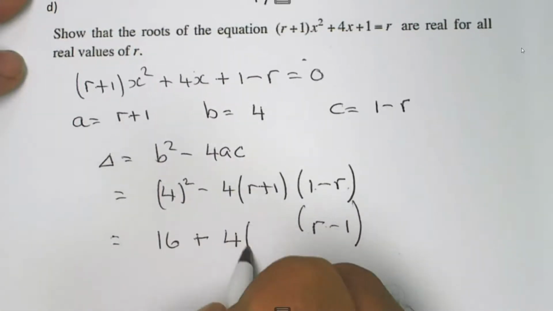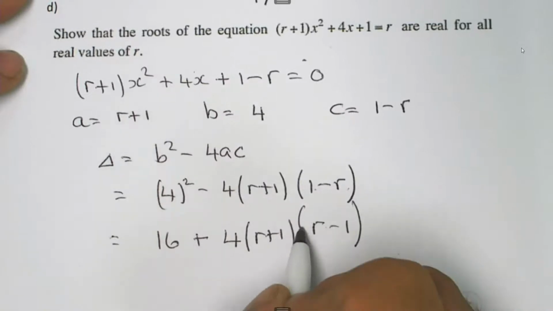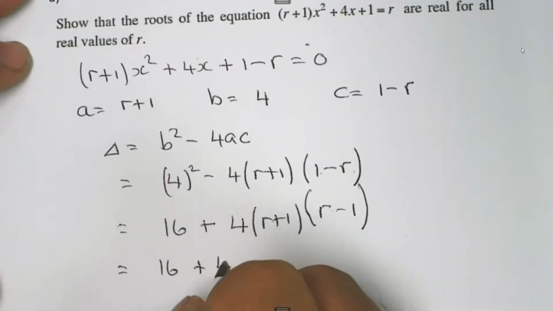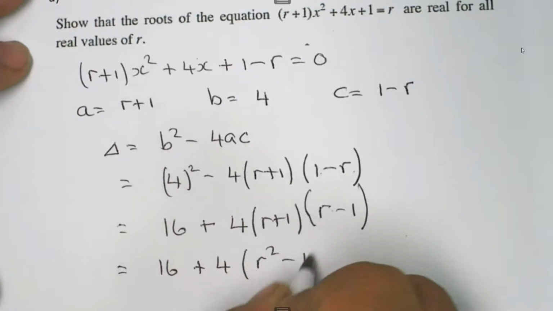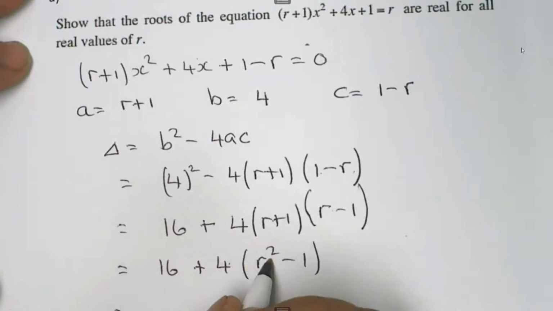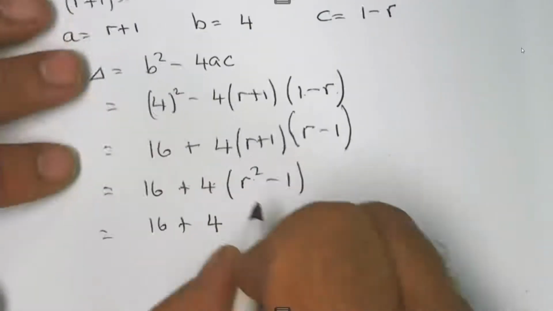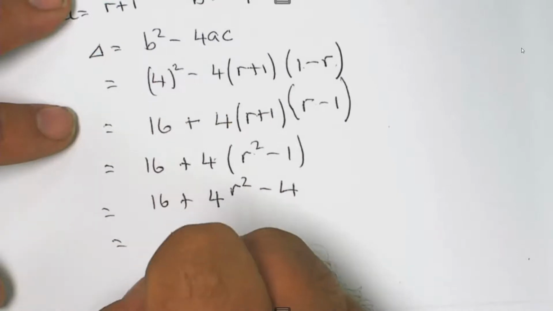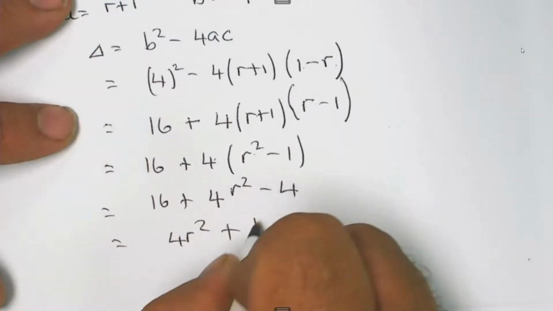Plus 4(r plus 1)(r minus 1). So it becomes 16 plus 4(r squared minus 1), which becomes 4 times that. 16 plus 4r squared minus 4 becomes 4r squared plus 12.